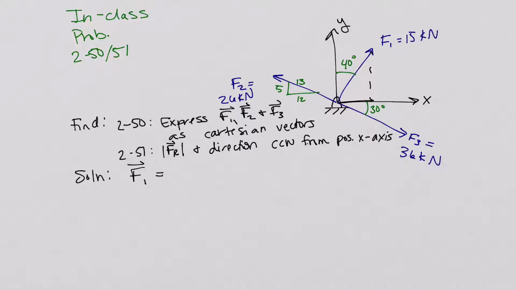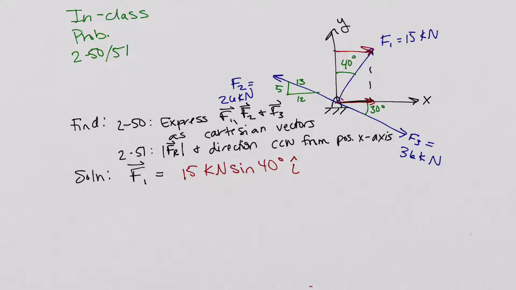That component of F1 is going to equal 15 kilonewtons times the sine of 40 degrees, because the sine is opposite. And that's in the i direction, and that's positive, because it's in the positive x.